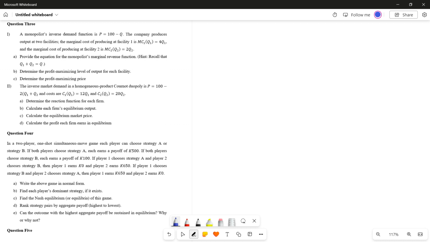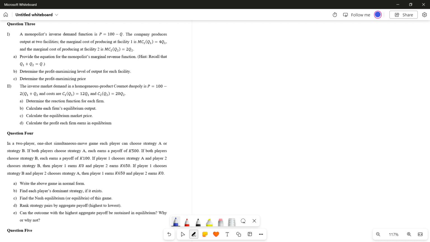That's just the way that type of market is organized. These two firms try to compete, and of course, the aim for each firm is to maximize profit.